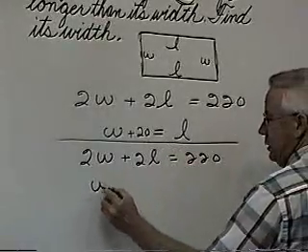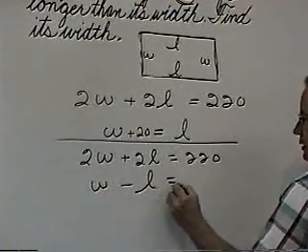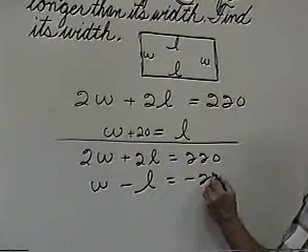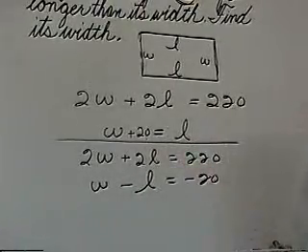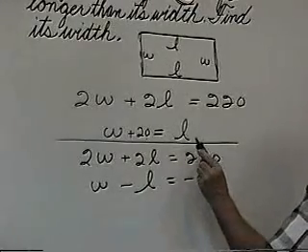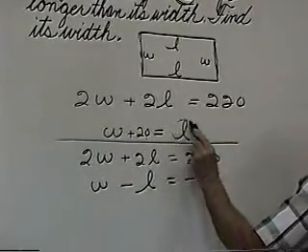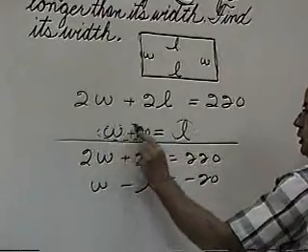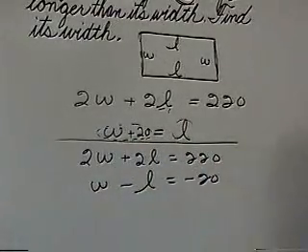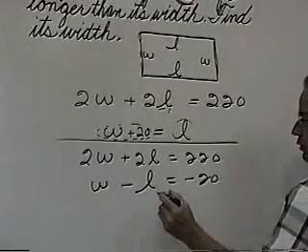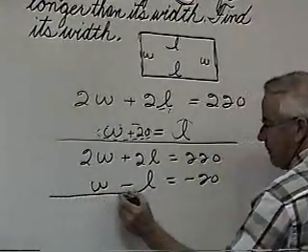So this will be W minus L is equal to minus 20. What I'm doing is moving the L across, moving the 20 across. Or you could use the substitution method. L is equal to this, so you could take that and substitute it right there. Whichever method you like doing. I'll do both of them. I'm going to finish this one up.